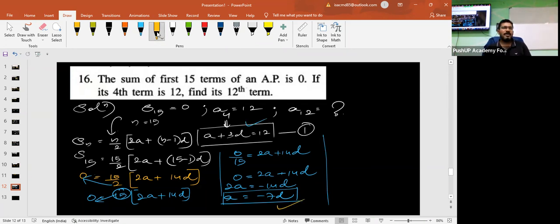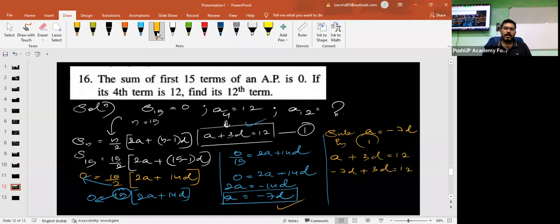And what is the value of a? It is minus 7d. So substitute the value of a as minus 7d in equation number 1. Equation number 1 is a plus 3d equal to 12. A is minus 7d, so minus 7d plus 3d is equal to 12. Minus 7d plus 3d is minus 4d, which is equal to 12. And hence you get the value of d, which is 12 by minus 4, that is minus 3.